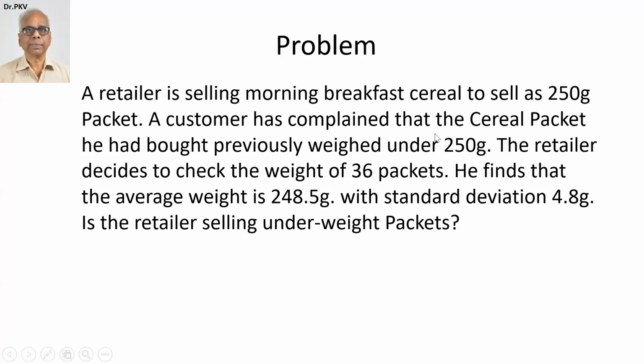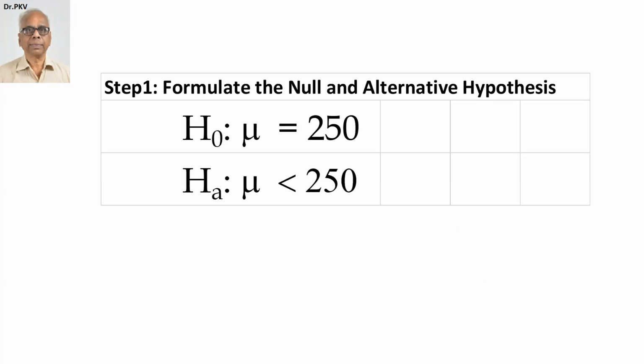Let's see how to investigate this by doing a step-by-step approach to hypothesis testing. The first step: formulate the null and the alternative hypothesis. Mu is the population parameter, which is the population mean of the cereal packets.